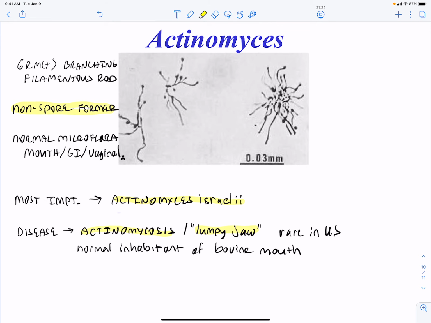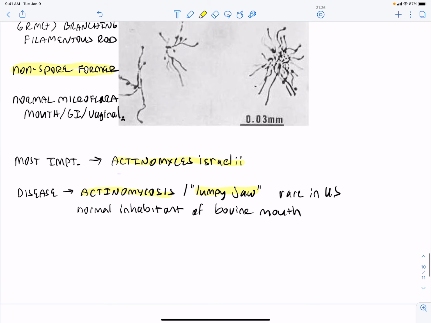It's very rare in the United States, and it's a normal flora bacterium in the bovine mouth, as well as in others such as goats and sheep. So a predisposing condition for this is, again, a local trauma. And then the bacteria invade the tissue and produce abscesses.